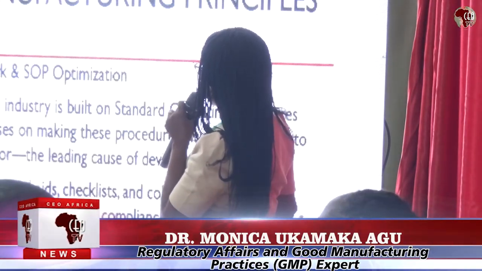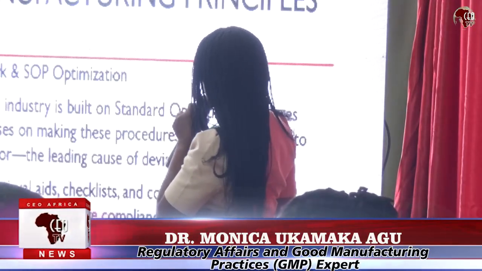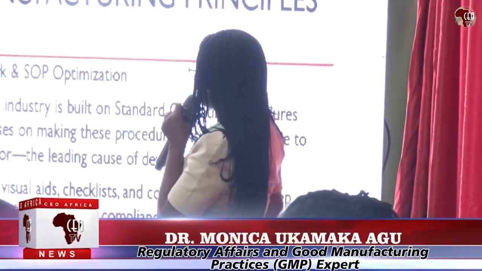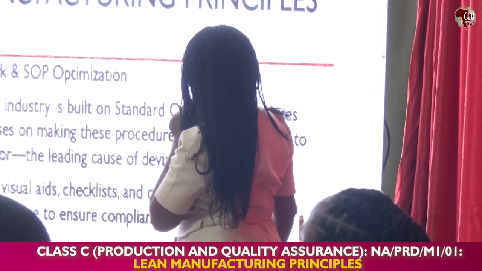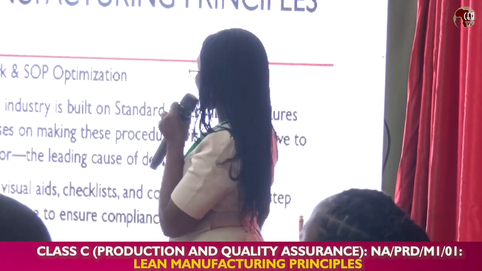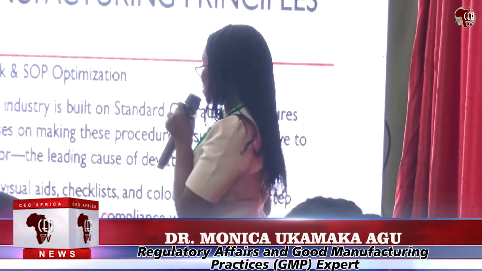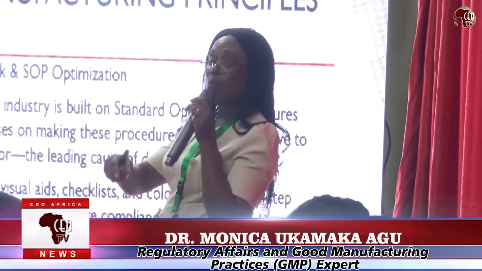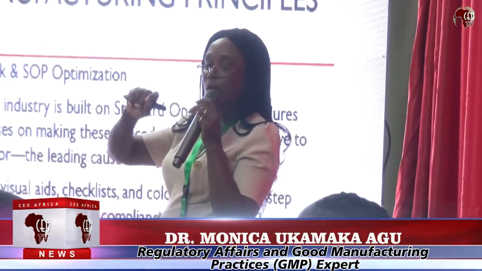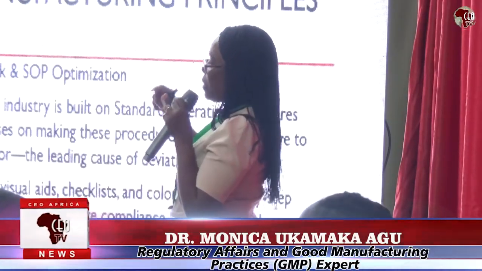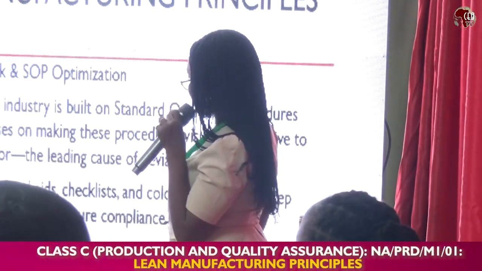Standardized work and SOP optimization. You know, the pharma industry is built on standard operating procedures. Lean focuses on making these procedures visual and intuitive to reduce human error, leading to deviations. So your SOP doesn't have to be a lot of text. There could be some pictorials that will help the operators to easily follow and then apply.